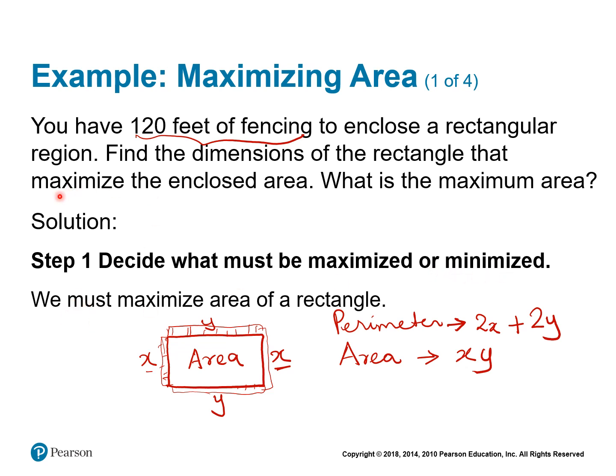It says here in the question itself, we need to maximize the enclosed area, and then it also says what is the maximum area. So we must maximize the area of a rectangle. Well, let's go on to the next slide to complete steps 2, 3 and 4.